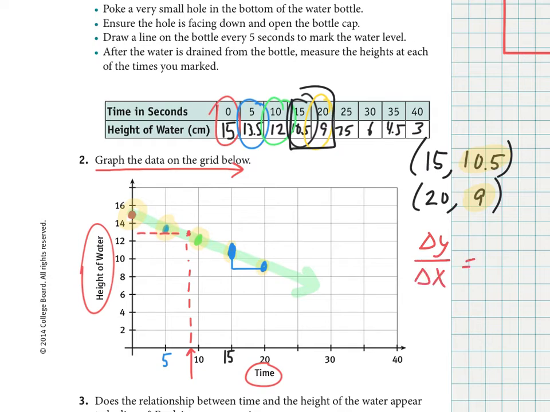The change in y value from 10.5 down to 9 was down 1.5, while the change in x values to get from 15 to 20 was positive 5. So negative 1.5 over 5. And again, on the graph, here's the negative 1.5 down and then over 5.